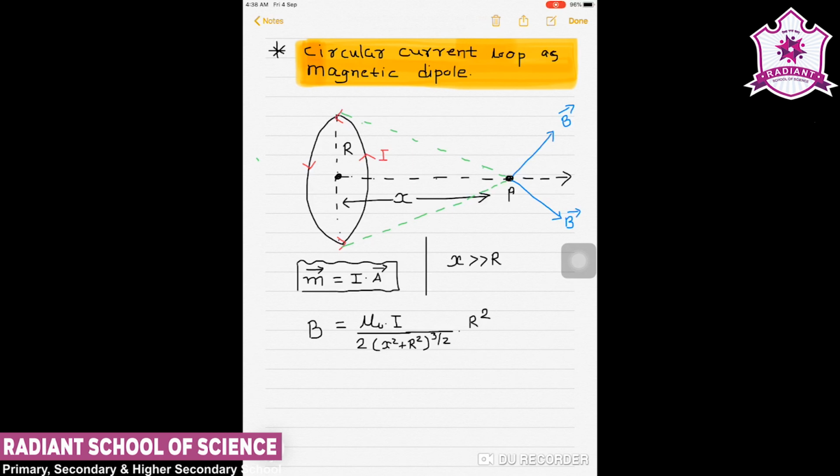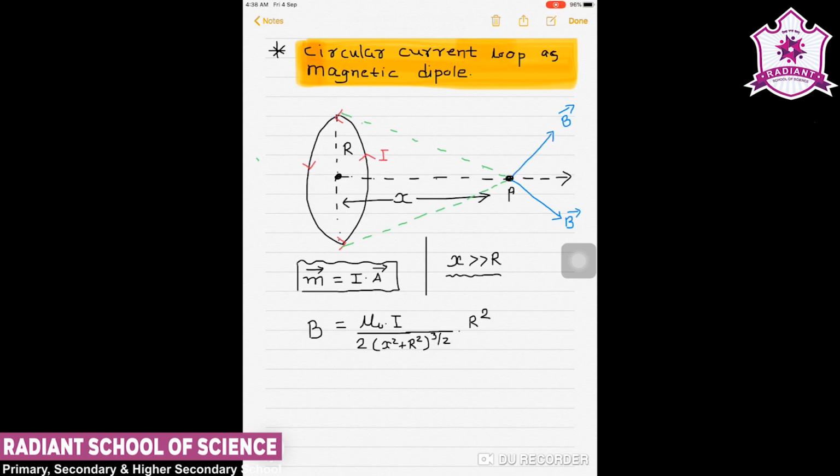Now here in the denominator, we have assumed that x is very much greater than r, so we can drop the r square term in the denominator.